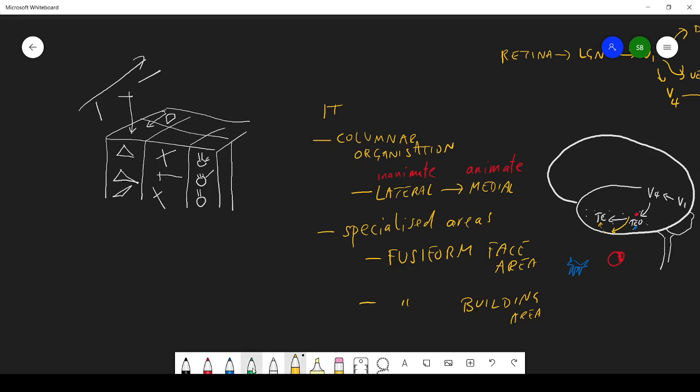So for example, in the fusiform face area, if you present them with something that looks a bit like a human face, you get a strong response when you show them the face.